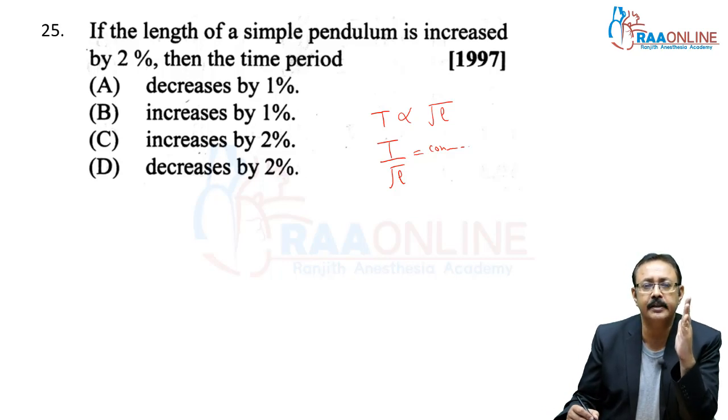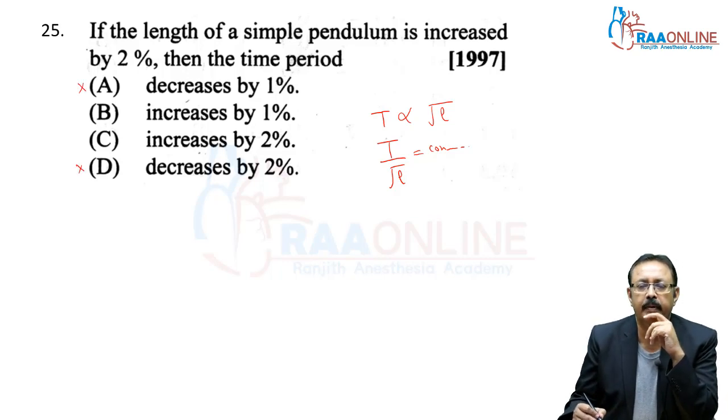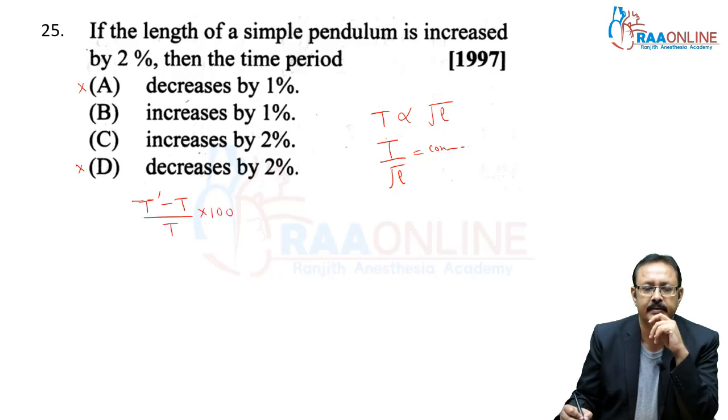If L is increasing, T will increase. By what amount means new time period minus old divided by old into 100. We want to calculate T dash by T minus 1 into 100. It is our target function.